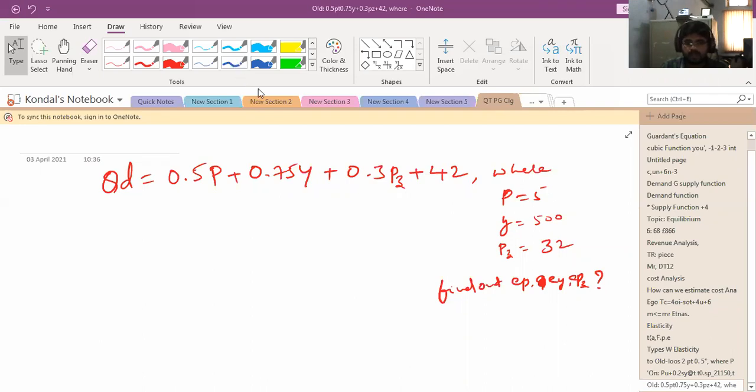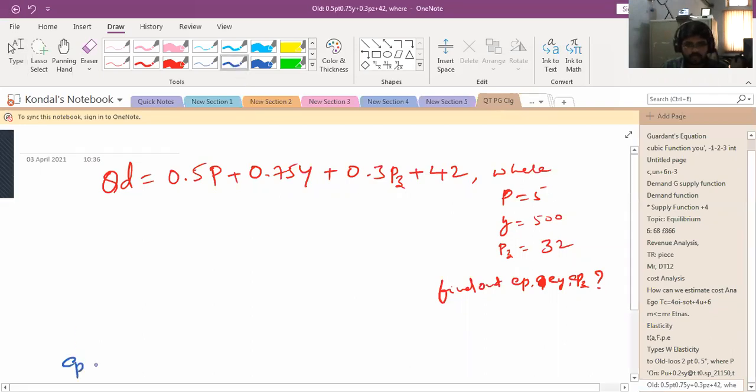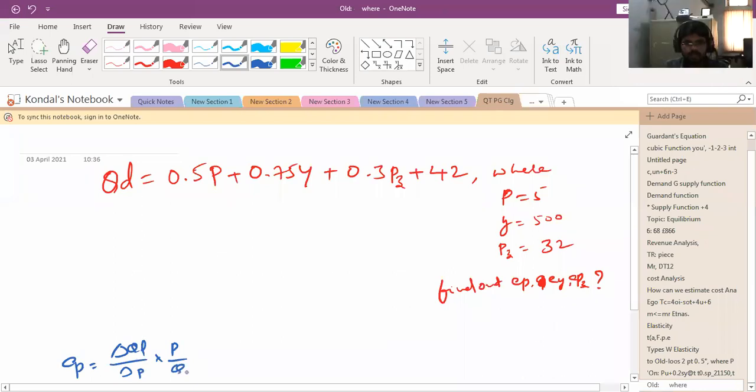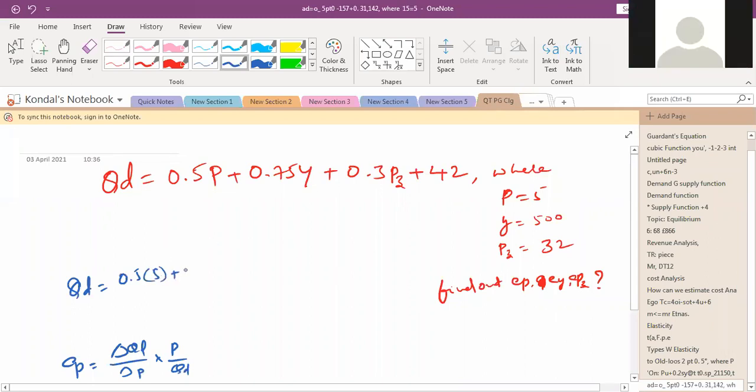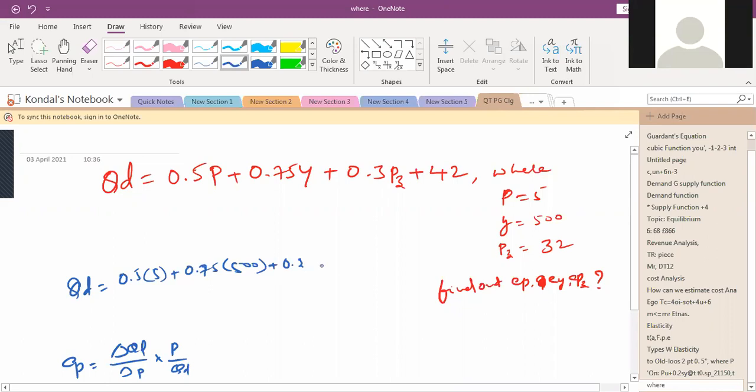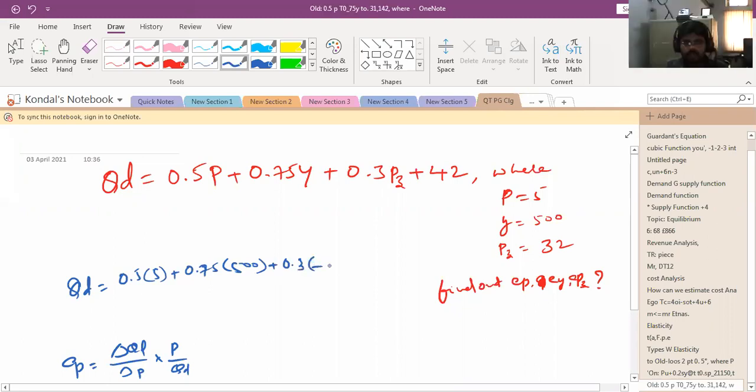First, in order to get the price elasticity, we have the formula delta QD by delta P into P by Q. So first we need to find out QD. As given, QD is equal to 0.5 into P, P is equal to 5, plus 0.75 into Y, Y is 500, plus 0.3 into 32, plus 42.